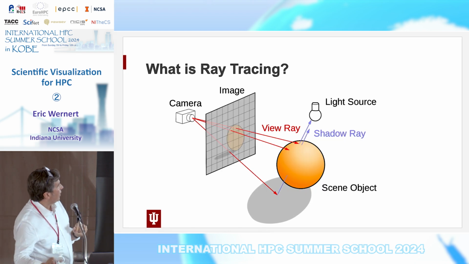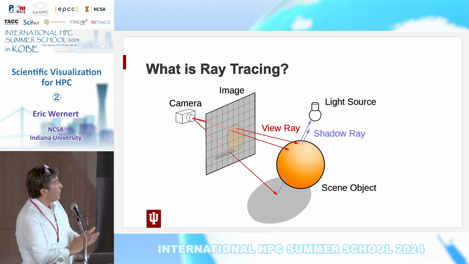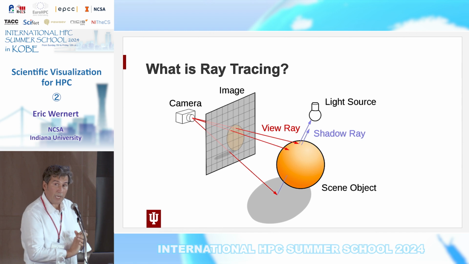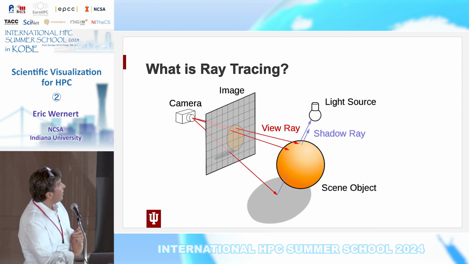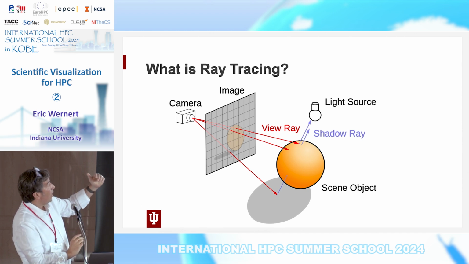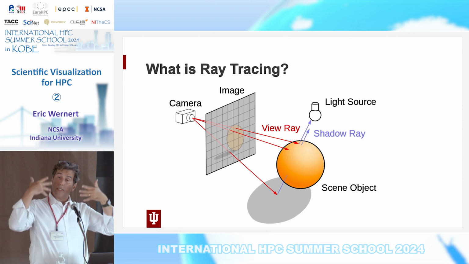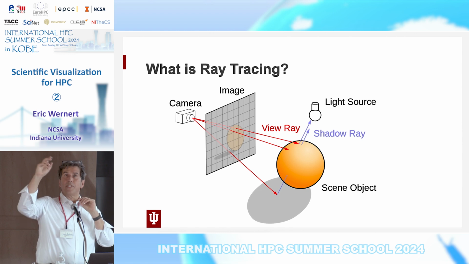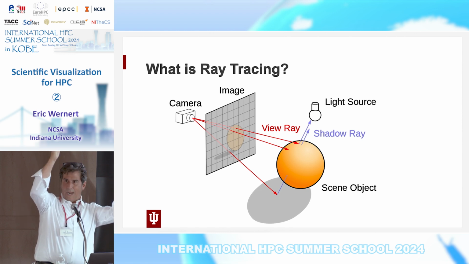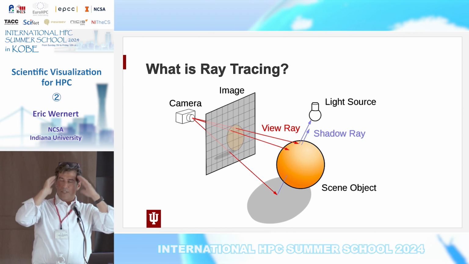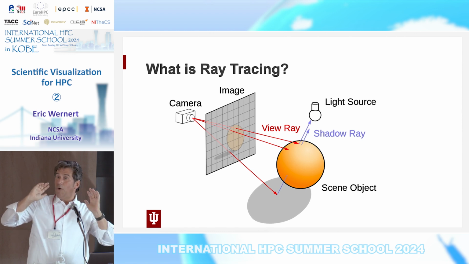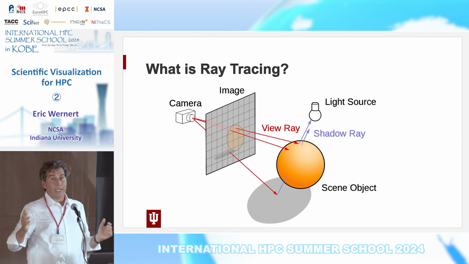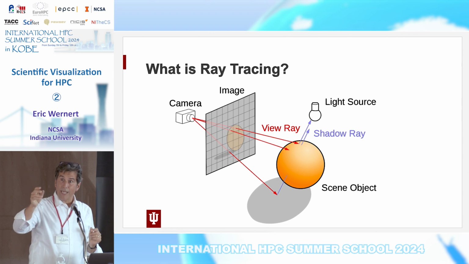Last thing I'll say about rendering is ray tracing, because this is now built into ParaView. And again, this is a way of, rather than taking the polygons and projecting them on the screen, it actually works the opposite. Light in the real world travels from light sources, hits surfaces, and then some of it makes it to our eye. So ray tracing is running that in reverse.